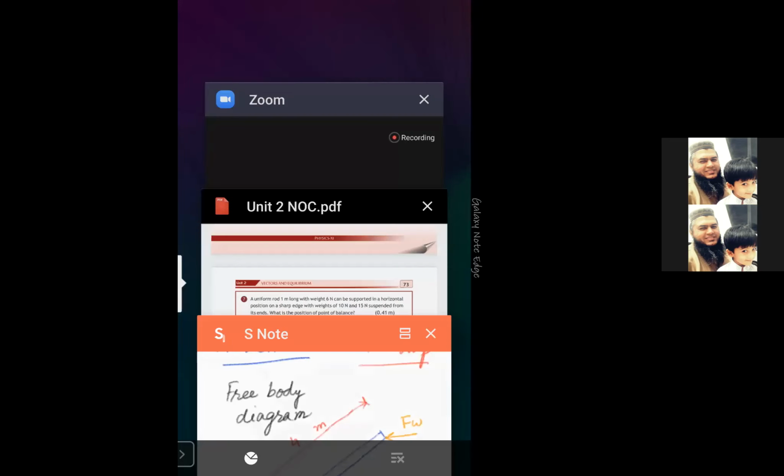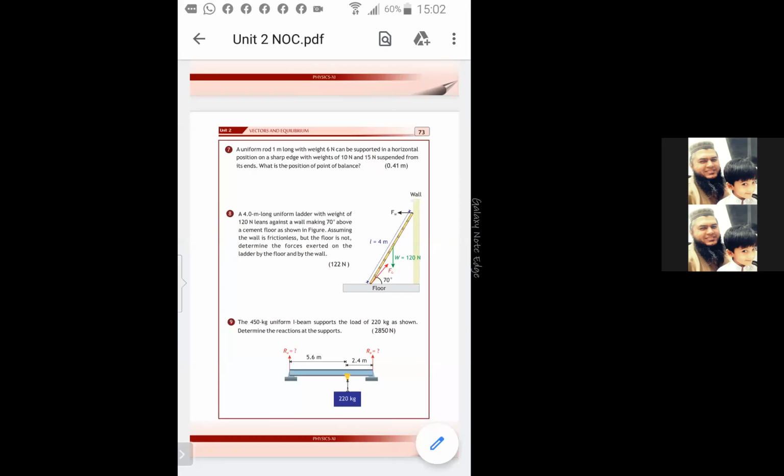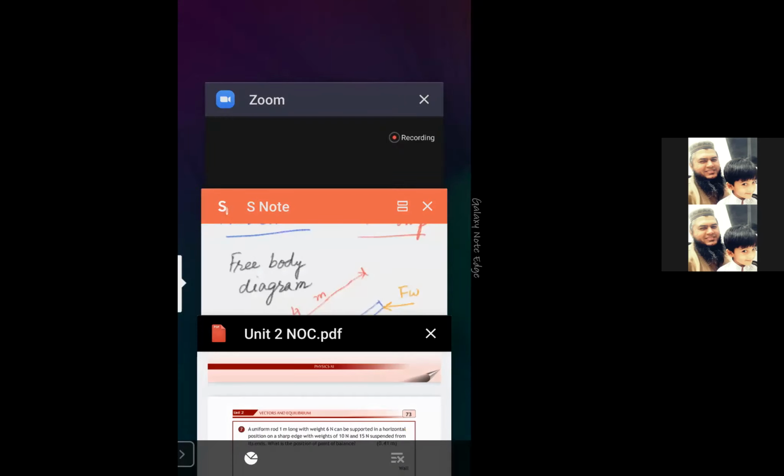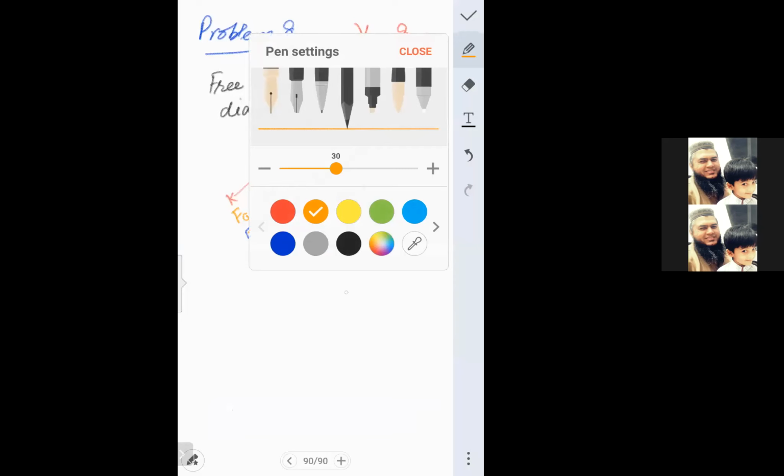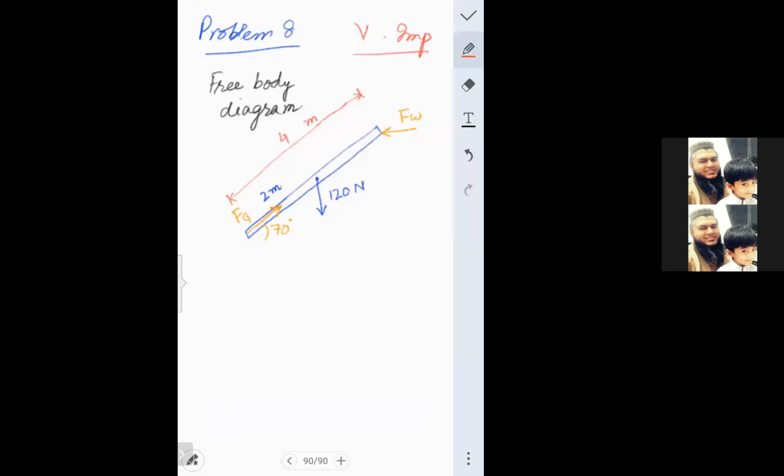Now he says that assuming that the wall is frictionless, but the floor is not. So if we assume that there is friction on the floor, then the force of friction will be acting in this direction.